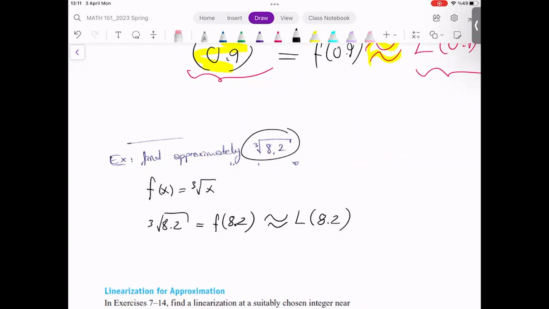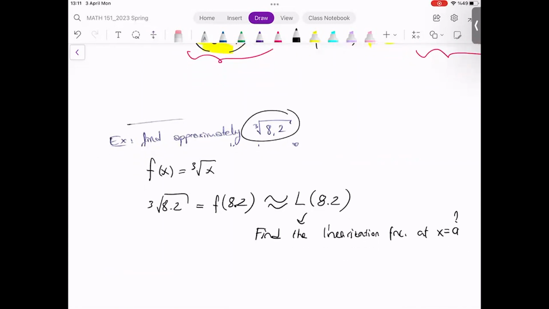So we will need to construct the linearization function at the point x equals a. What is a here? You need to draw the tangent line to your curve at the closest integer to this number. What is the closest integer to this one?